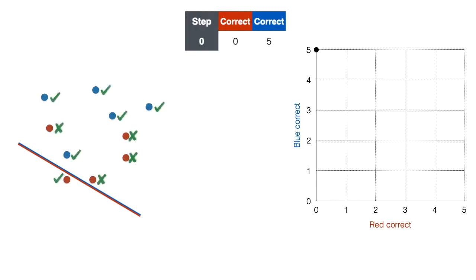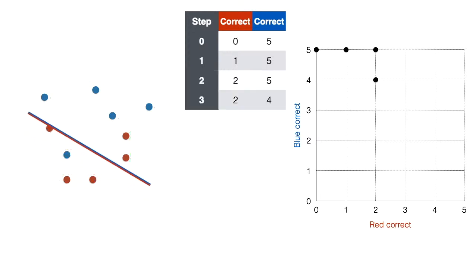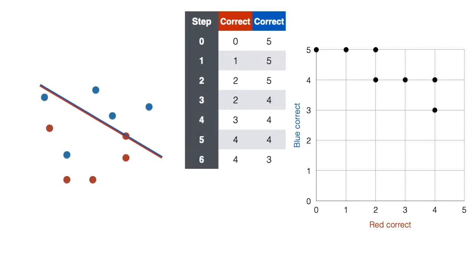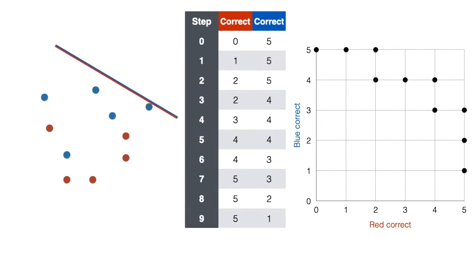So we still have 5 blue points correct and 1 red point correct, so we have 1, 5, and we plot it here. And we continue in this fashion, always going over one point and plotting that. Sometimes we will increase and sometimes we will decrease, and we continue until the very end. Now notice that at the very end we're in the opposite situation.